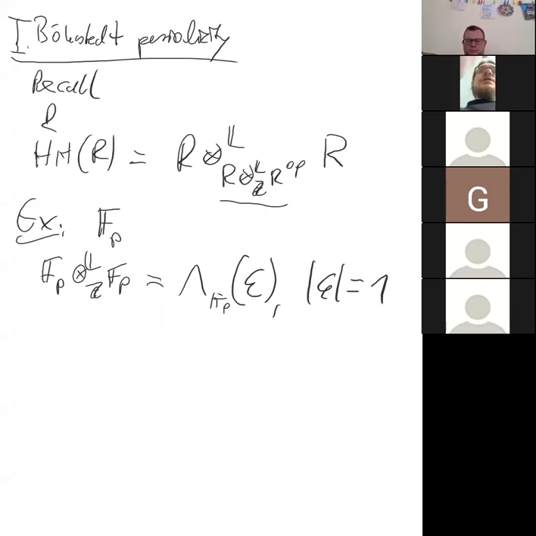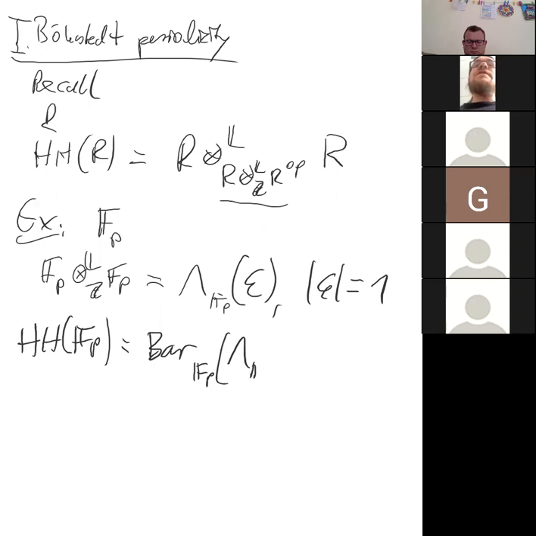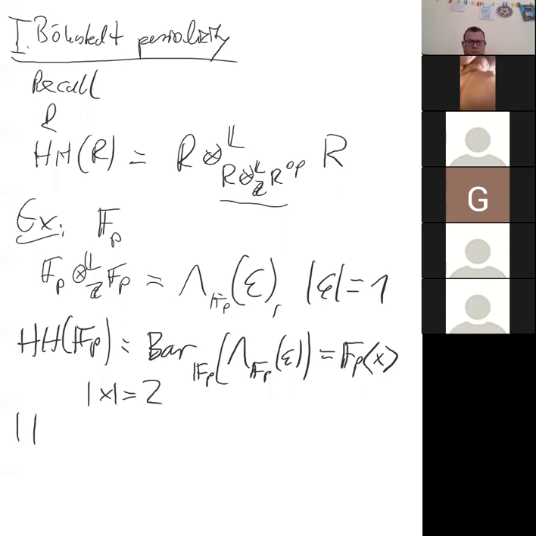So what will Hochschild homology be? Well, Hochschild homology is going to be computed by tensoring Fp with itself over this guy. So there's going to be a bar complex over Fp of an exterior algebra. And as I'm sure most of you know, if you take Tor of an exterior algebra, what you get is a divided power algebra. So let me write this like this. This is the free divided power algebra on one generator. And explicitly, what are the homology groups of this complex?